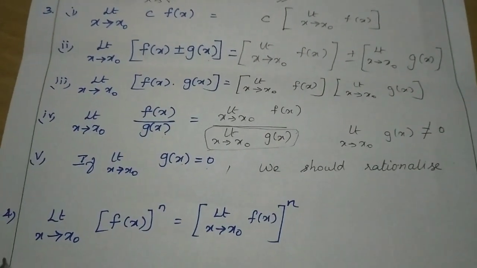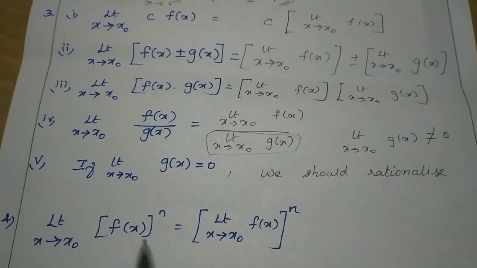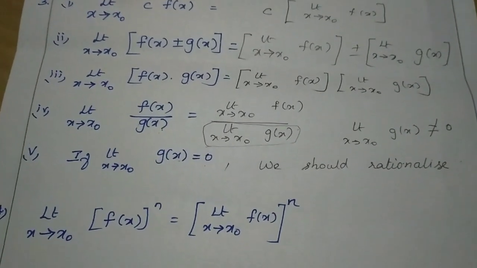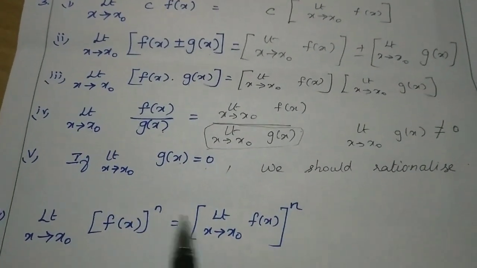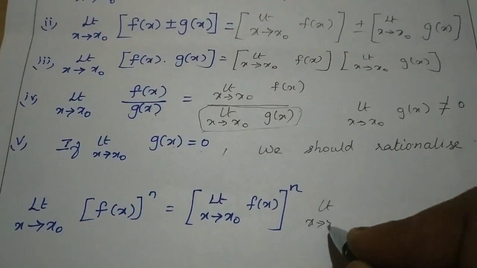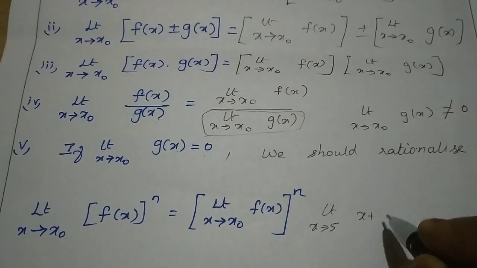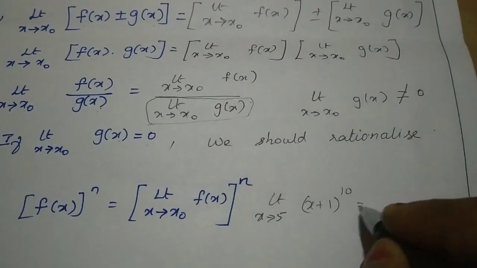Now let us see the fourth theorem: limit x tends to x naught of f of x whole power n. When the question has a power, you can write the power as a whole. For example, limit x tends to 5 of x plus 1 whole power 10. How can you rewrite this?